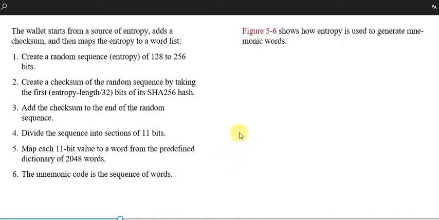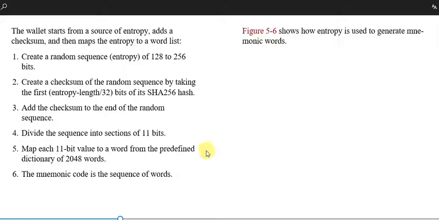Create a random sequence, entropy, of 128 to 256 bits. Create a checksum of the random sequence by taking the first, entropy length / 32, bits of its SHA-256 hash. Add the checksum to the end of the random sequence. Divide the sequence into sections of 11 bits.